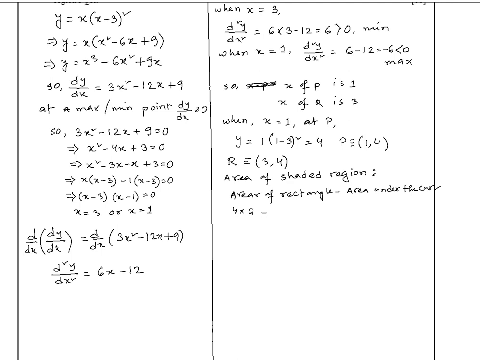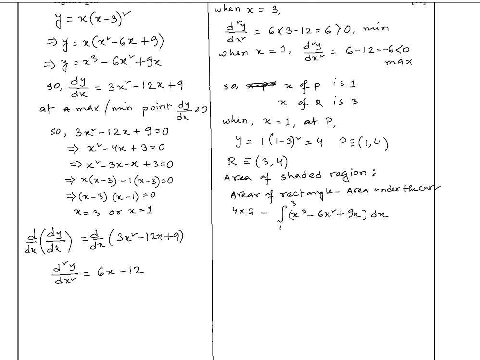Now to get the area under the curve, we need to integrate from 1 to 3 the curve x cubed minus 6x squared plus 9x dx.